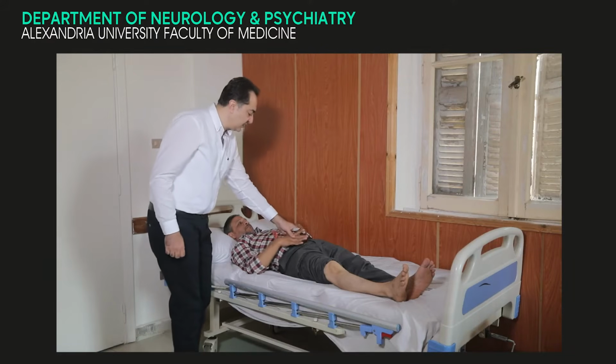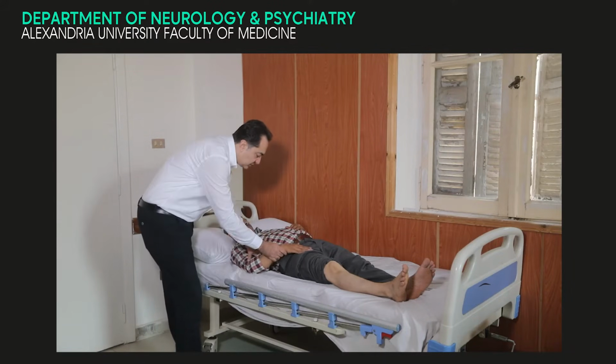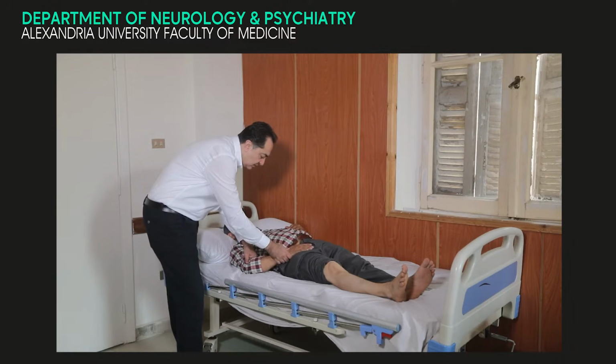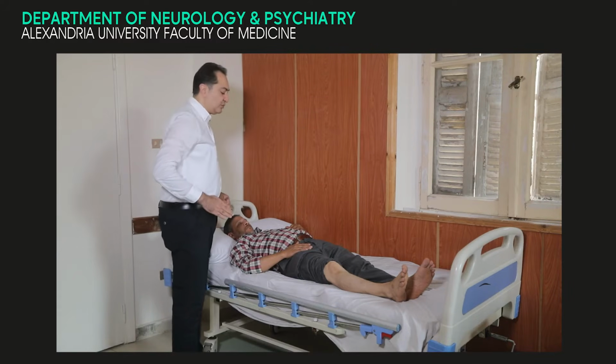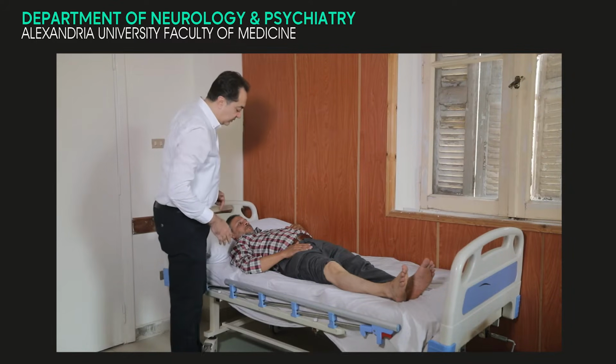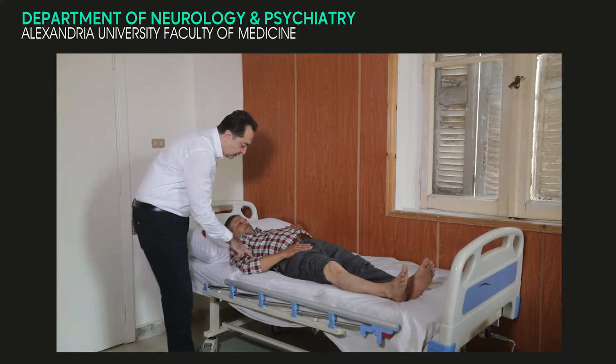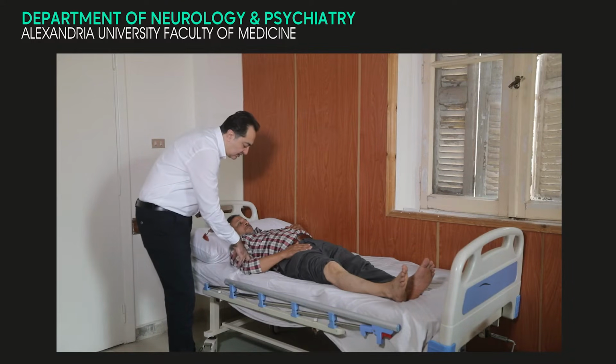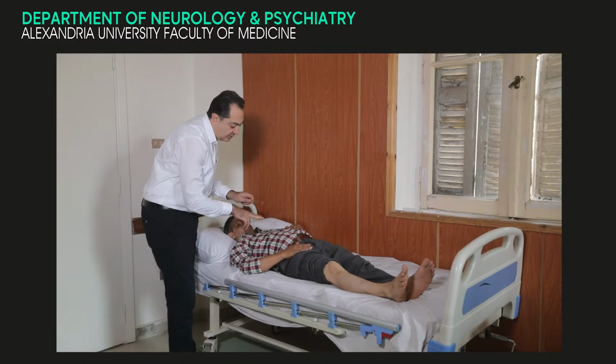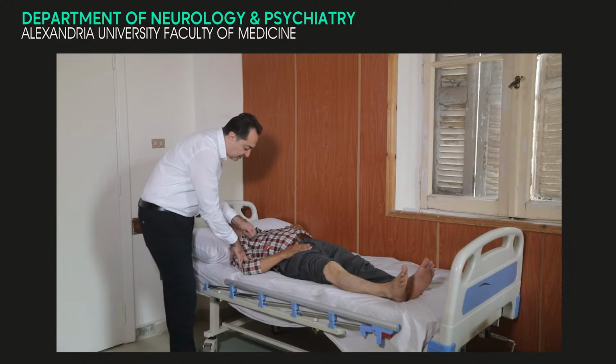The biceps reflex, I should take this position. The patient puts his hand under the inguinal ligament like that, resting on the bed. I should localize the tendon of the biceps, and I should tap above my finger like that.